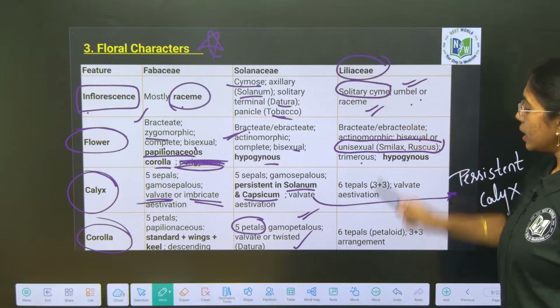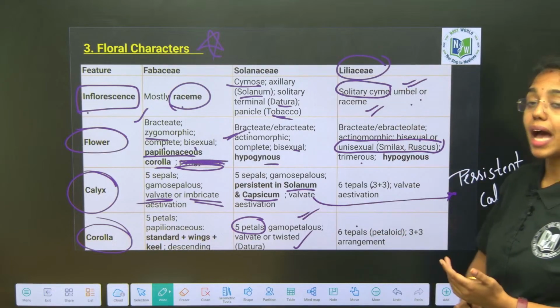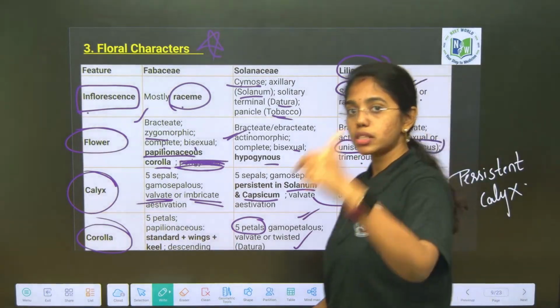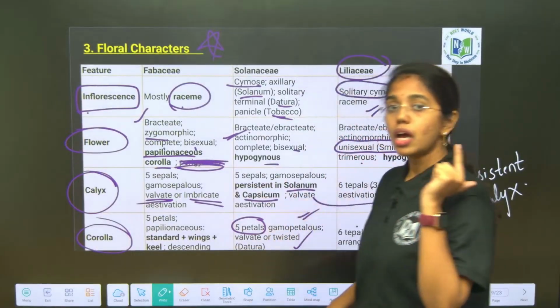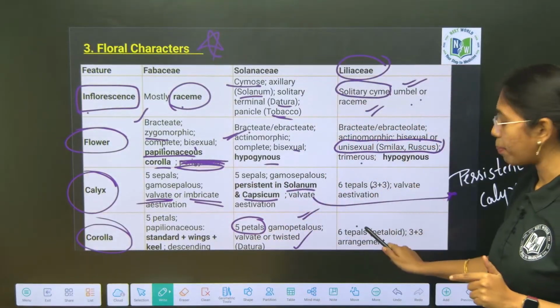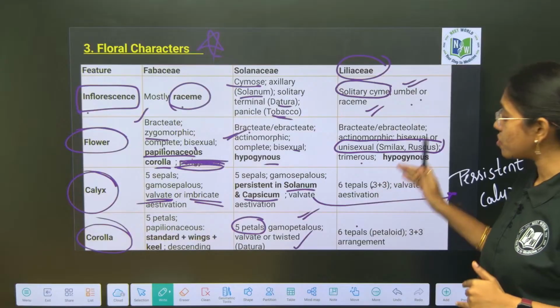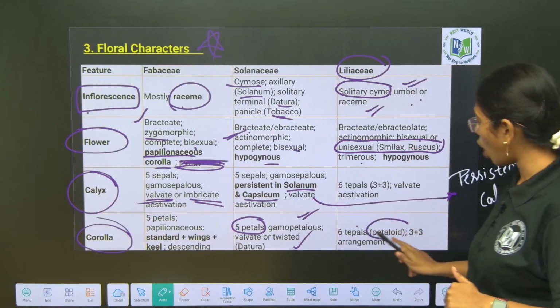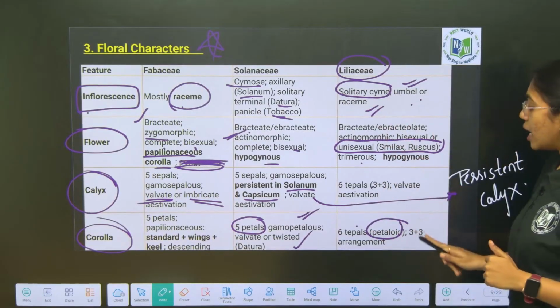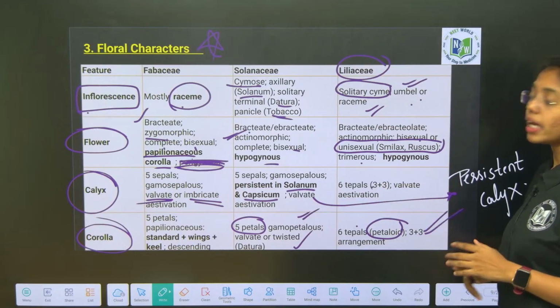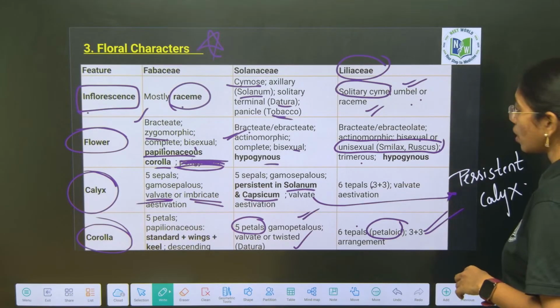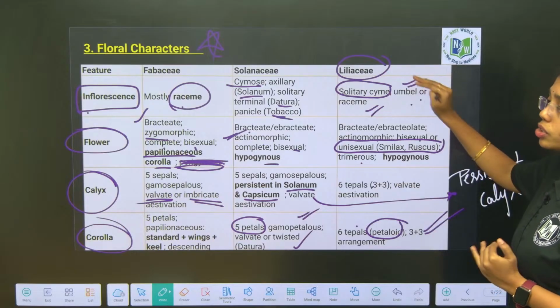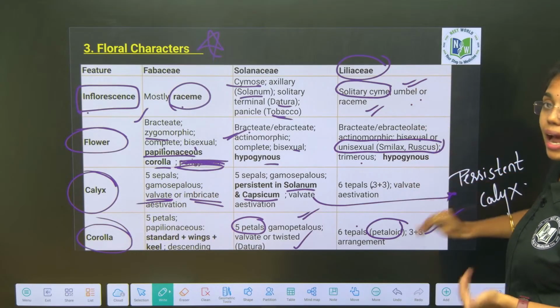Here in Liliaceae, 6 tepals. Perianth has what? Tepals. Like calyx has sepals, corolla has petals, and perianth has what? Tepals. So you have 6 tepals, which is the petaloid condition in Liliaceae. This shows a 3 plus 3 arrangement. Okay, this is about inflorescence, flower, calyx and corolla.